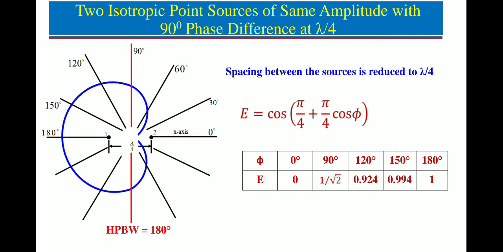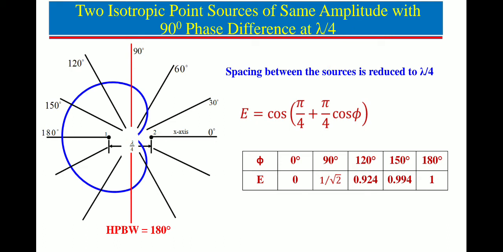Similarly, two isotropic point sources of the same amplitude with a 90 degree phase difference at spacing lambda by 4. So, this will be the pattern. The spacing between the sources is reduced to lambda by 4, and we can calculate the electric field intensity as cos of pi by 4 plus pi by 4 cos phi.